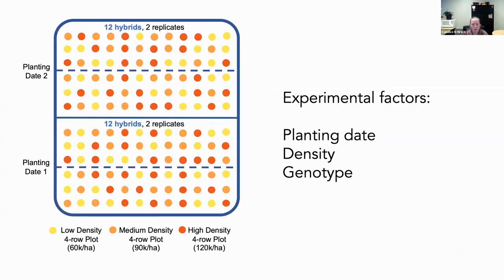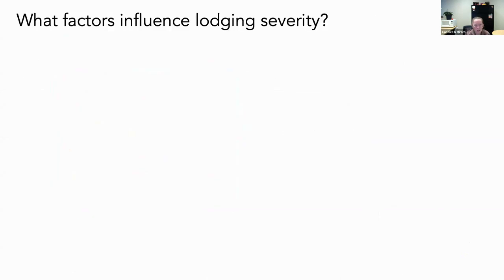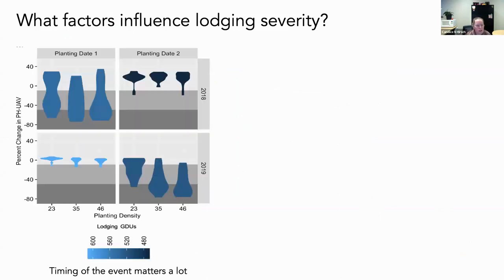And so again, in our experimental design, we have different factors that we could look at, from planting date to density to the varieties that were included in the study. And so we asked what factors were influencing lodging severity. And so here you can see our different planting densities, our different planting dates, the 2018 data, 2019 data, and the percent change in height.